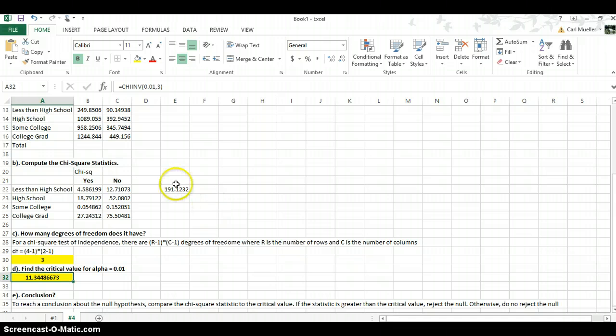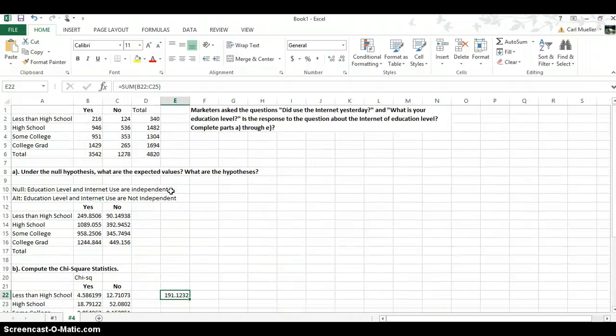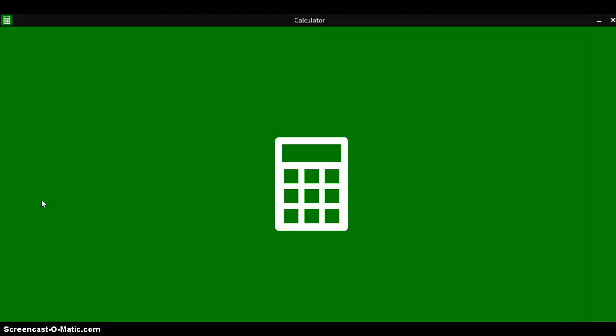If the statistic is greater than the critical value, reject the null. What does that mean? Well, we go back up. This is our chi-square statistic right here, 191. Our critical value is 11, so that's for sure greater than our critical value. So we reject the null. That means that educational level and internet use are not independent.